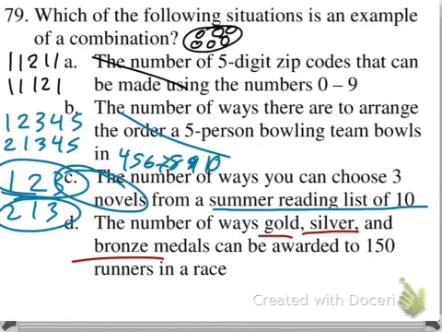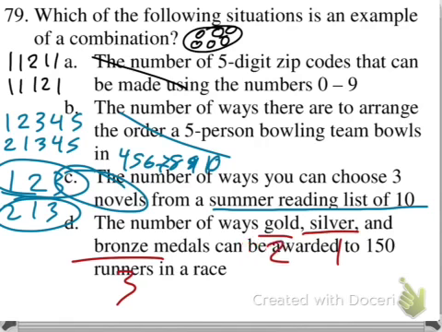Because if guy 1 gets the gold and guy 2 gets the silver and guy 3 gets the bronze, and you were to switch them arbitrarily, so guy 1, even though you won, you did not get the gold, we're going to give it to guy 2. Guy 1's going to be pretty ticked about that, because the order does matter in this situation.